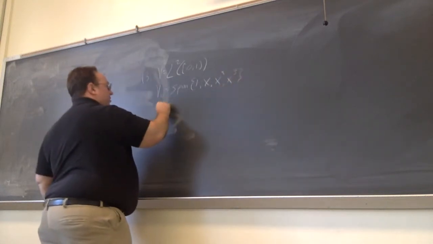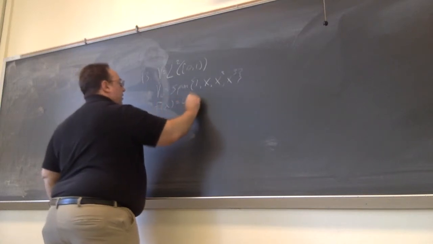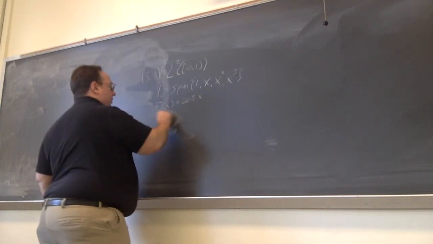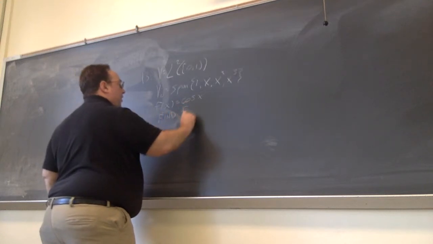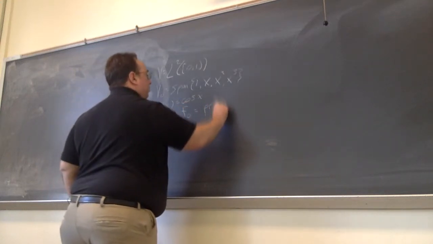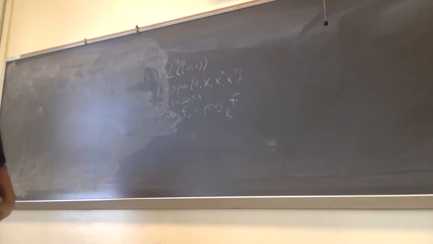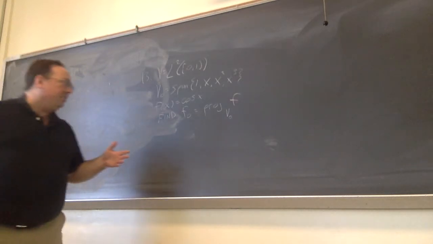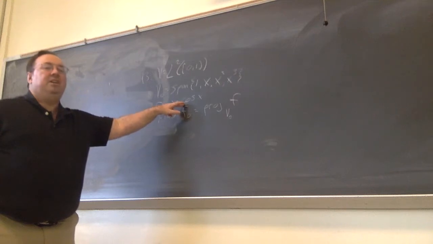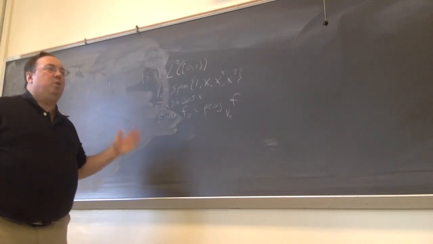And you're given a function cosine, and you're asked to compute, call it f naught, which is the orthogonal projection of f onto V naught. So in other words, what linear combination of 1, x, x squared, x cubed, so what polynomial of degree 3 is the best approximation of cosine on the interval 0 to 1?